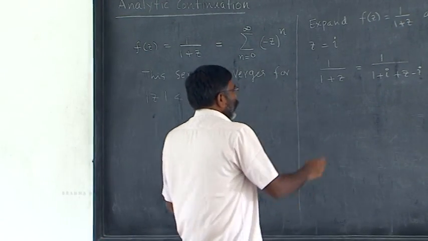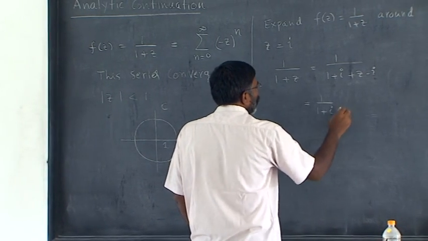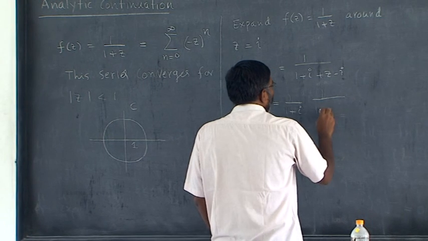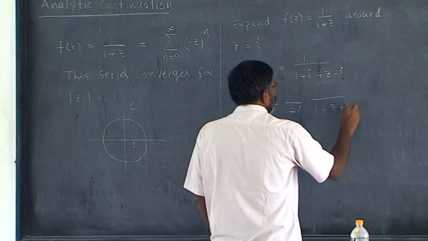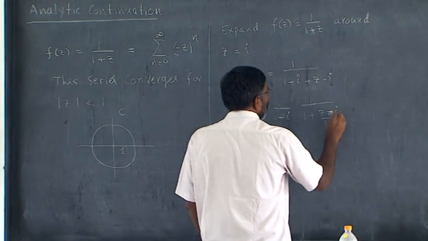So this I can write as 1 over 1 plus i times 1 by 1 plus (z minus i) by (1 plus i).